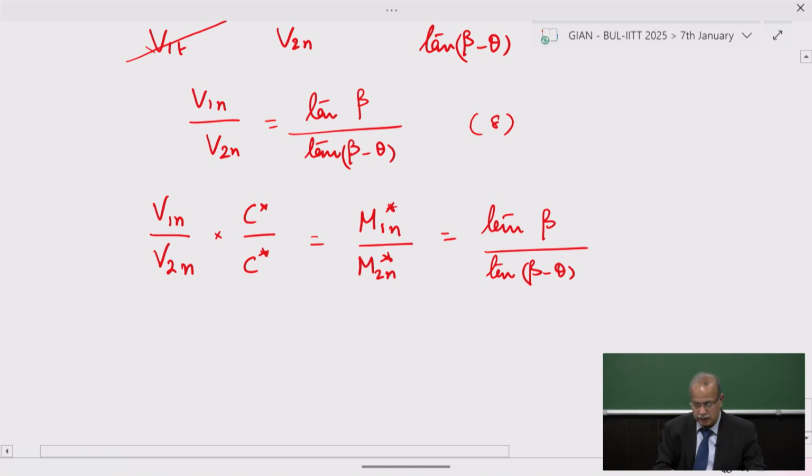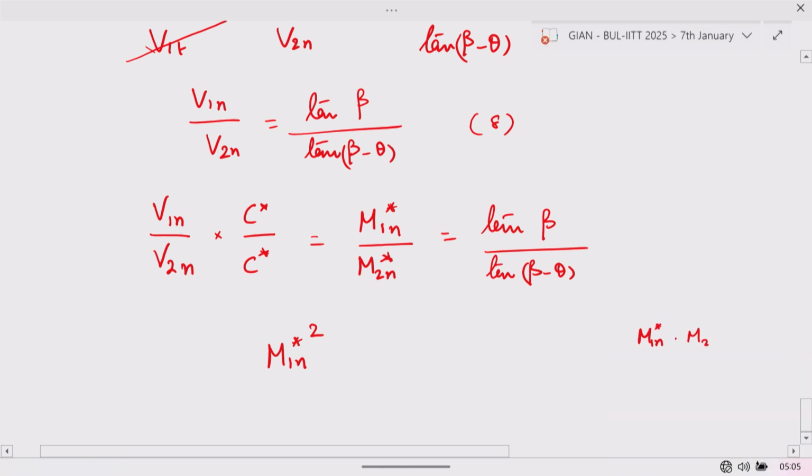Now applying the Prandtl hypothesis, M1n star into M2n star is equal to 1, so M2n star is equal to 1 by M1n star.